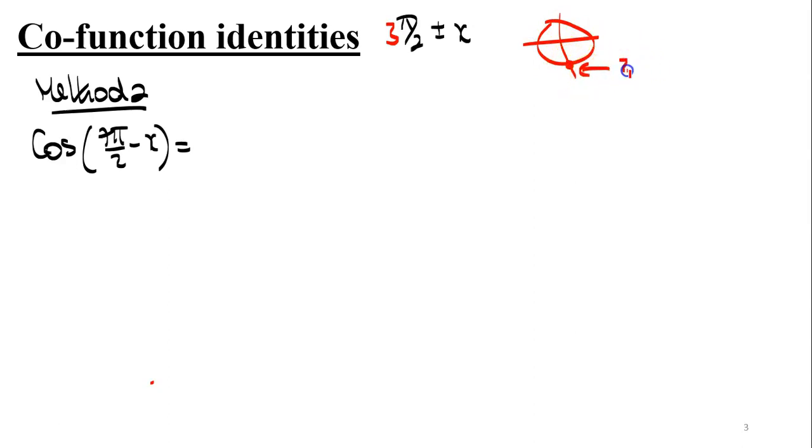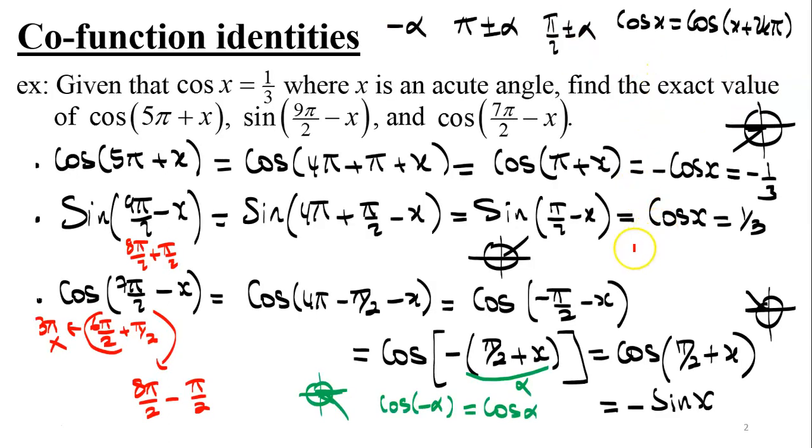This is 3 pi over 2 if we're moving on the circle in the positive sense, or negative pi over 2 if we're moving in the negative sense. So negative pi over 2 being the principal measure of 3 pi over 2, what we could have done here is replace negative pi over 2 by 3 pi over 2.